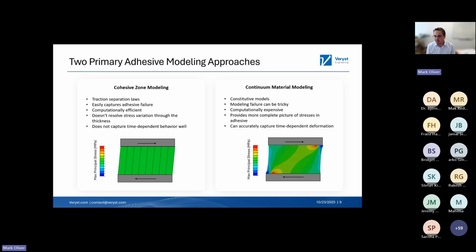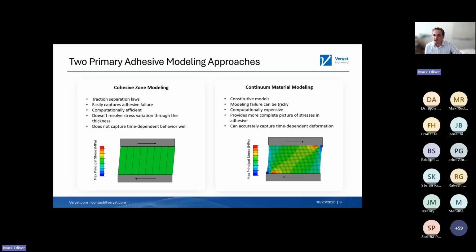You can add time dependence and rate dependence to these models, but in general, if you're interested in something more like creep or stress relaxation of the adhesive, then you'd use the second approach, which is continuum material modeling. Here we're defining constitutive models that describe the adhesive material.